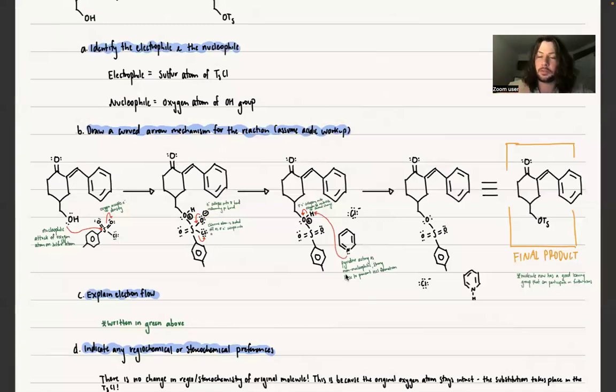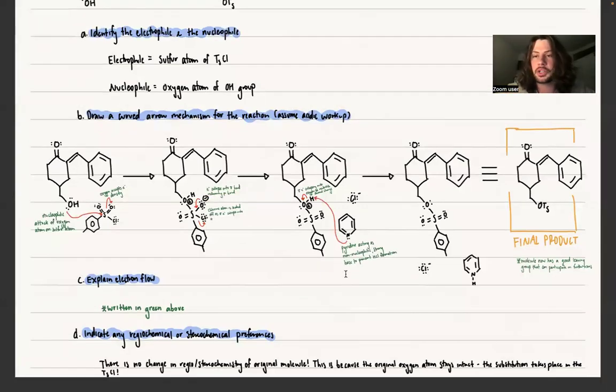Where we could have some regioselective or stereochemical preferences would be later on when we use those substitution reactions. If we were to introduce, for example, sodium cyanide, this salt of a nucleophile, in an SN2 reaction, we would then get a backside attack, kicking off complete inversion or Walden inversion of chemistry, where we would see some preferences there.